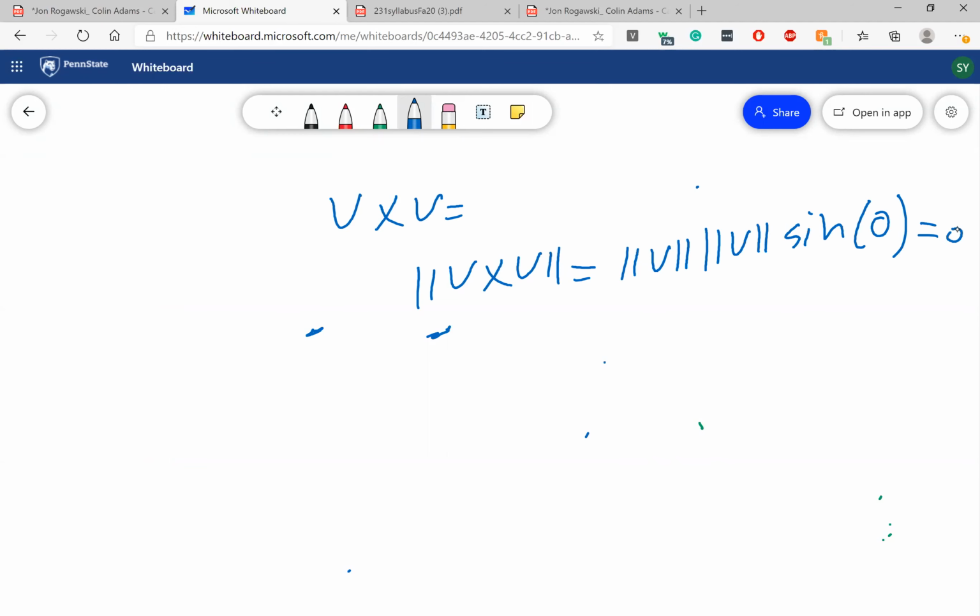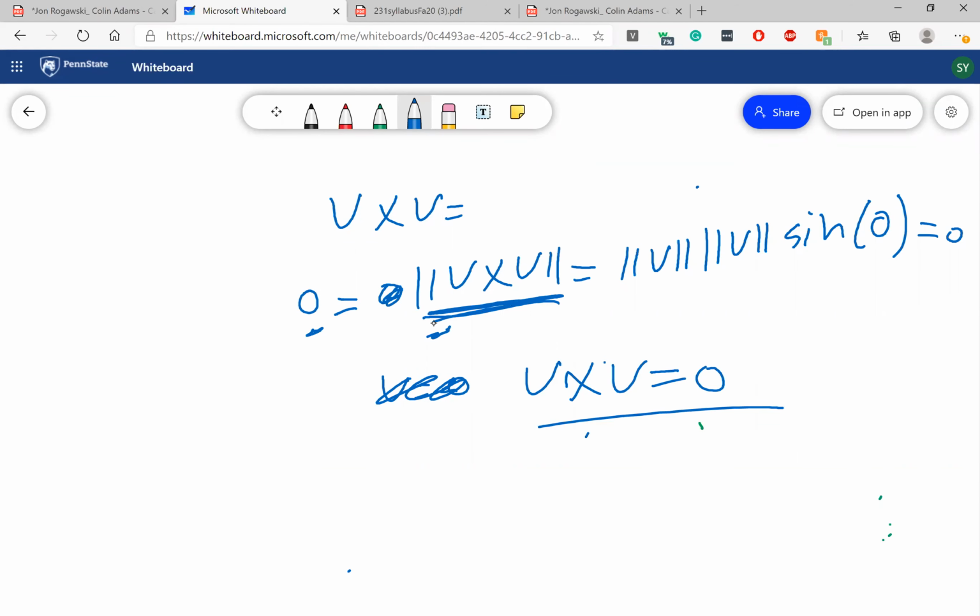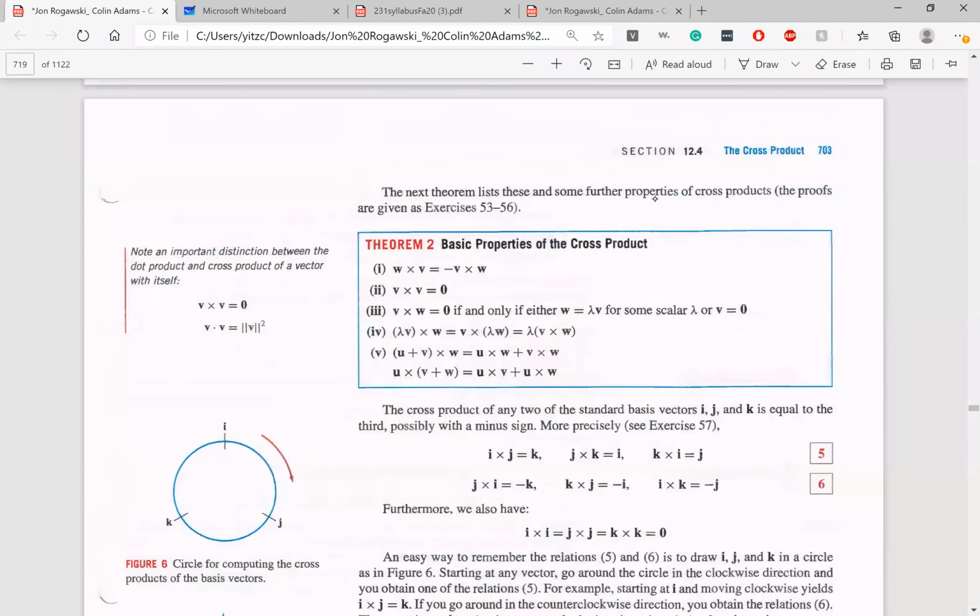So this thing is 0. But if the magnitude of your vector is 0, then your vector is the 0 vector. So that's why V cross V is 0.